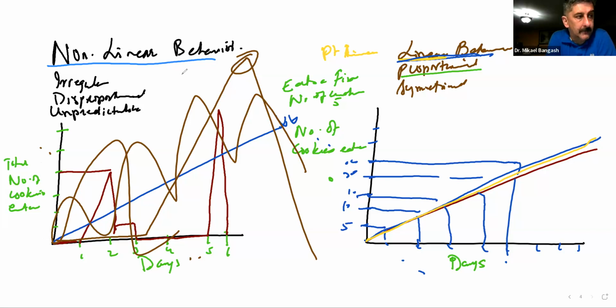So whenever something displays a non-linear behavior, when we draft that on a graph, it's not going to be a straight line like this, which it would be had it been a linear behavior. You can mainly say your graph is going to be irregular, or disproportional, or unpredictable.